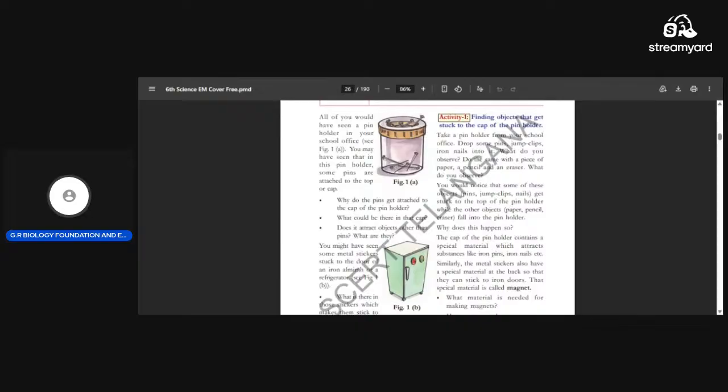Does it attract objects other than pins? If we use other objects made of iron, they also attach to the cap of the pin holder; the remaining will not attach. So finally, what is the conclusion? In that cap there is a magnet.